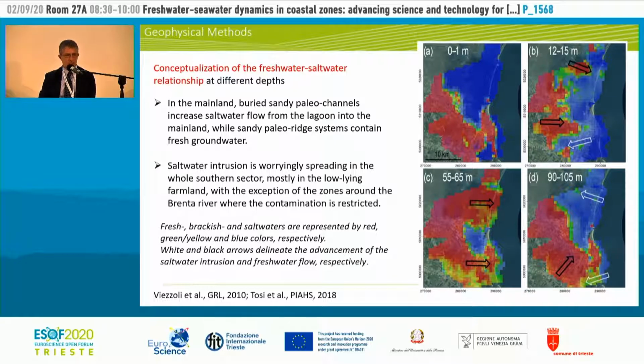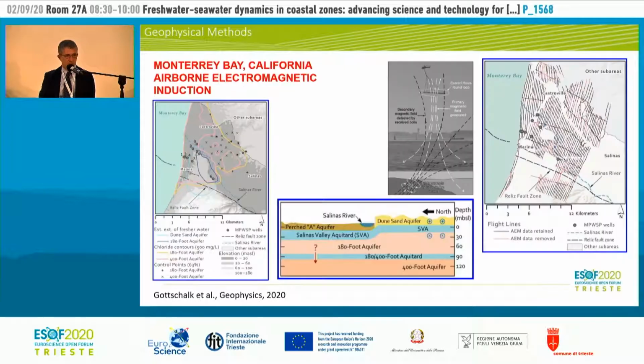Here you see the maps, the very shallow map, and then tens of meters down to 100 meters. And you see different processes at different scales, at different depths. So if you have this information, you know how the system works. If you don't have this information, you don't know how the system works. And the system works in terms of the natural heterogeneities of the subsurface.